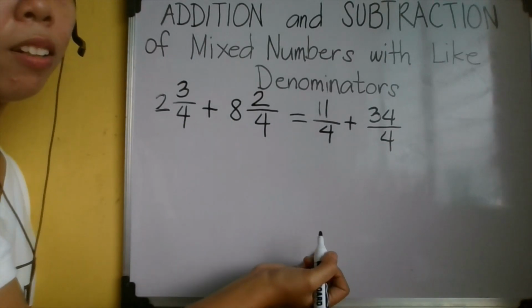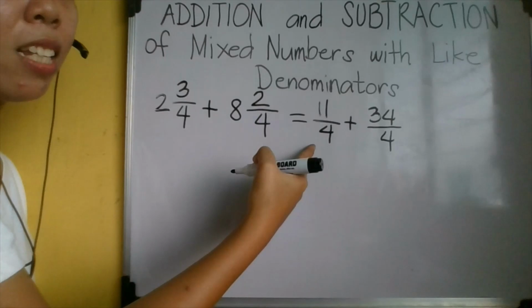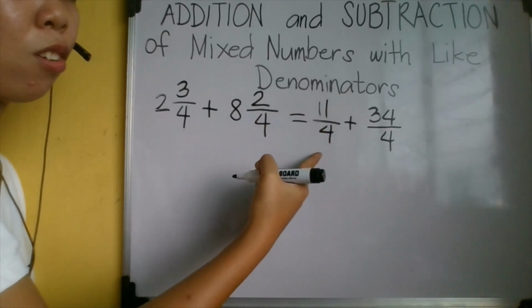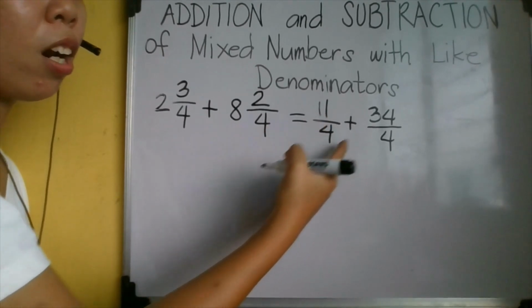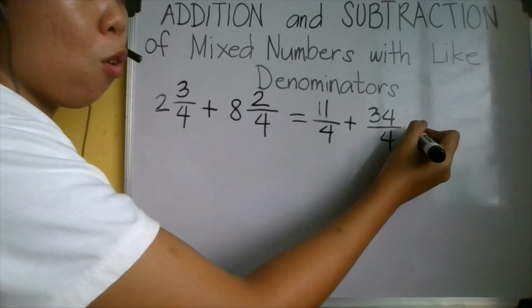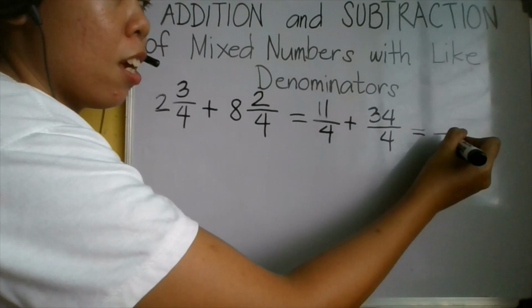Right. So we now have similar fractions, but also improper fractions. So we can now add 11 over 4 and 34 over 4. Copy their common denominator, that is 4.